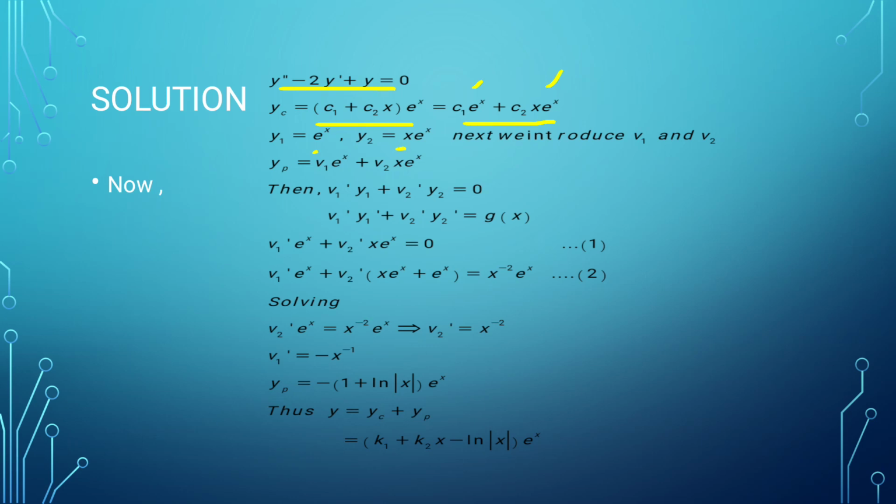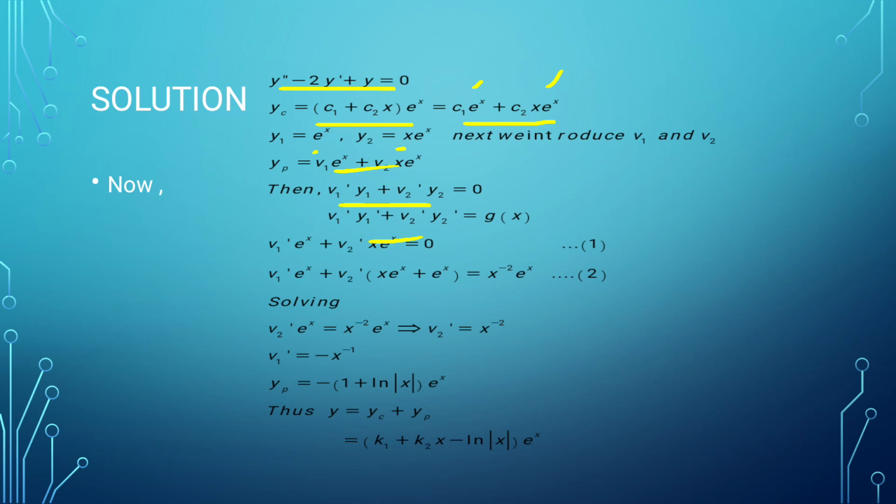So then our yp becomes v1 y1 plus v2 y2, substituting y1 and y2. Then after that, we know this and this is true.